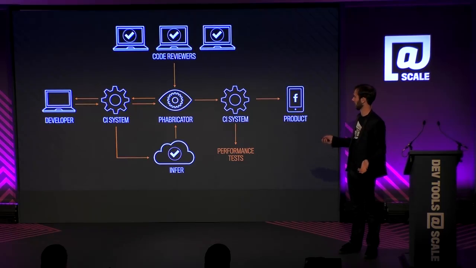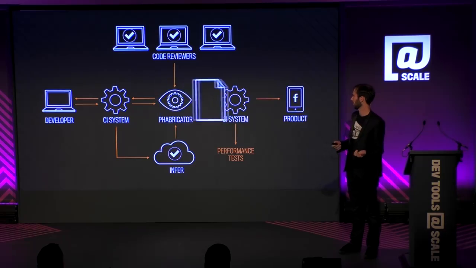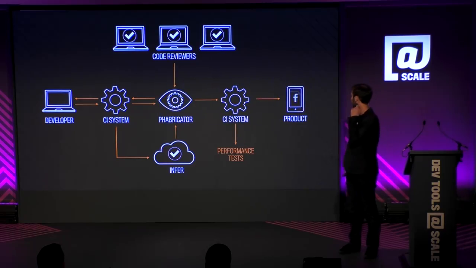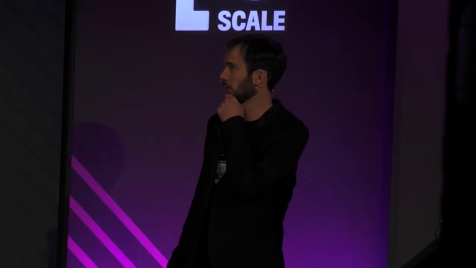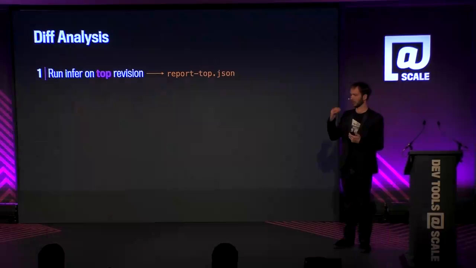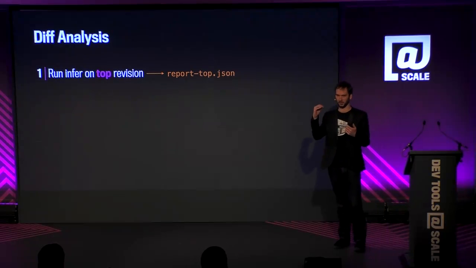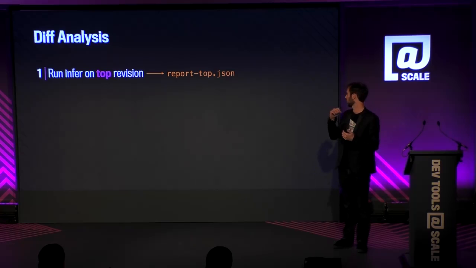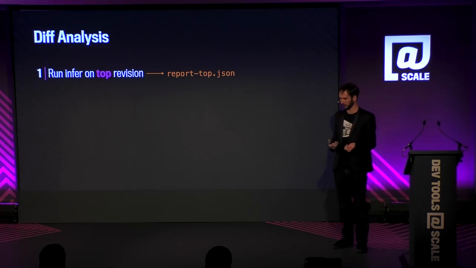So at some point after that, the developer has updated her diff, and the reviewers are happy, and Infer is happy, and the diff can go to production. I want to say just a few more words about how exactly running Infer at diff time works. The way we do it is we run Infer on the top revision, so the revision with the code change, and that gives us some set of issues reported by Infer.